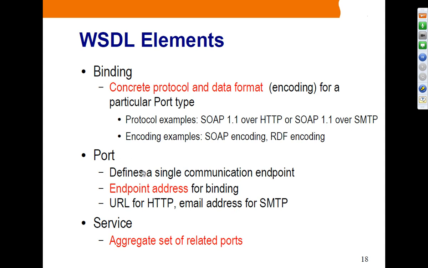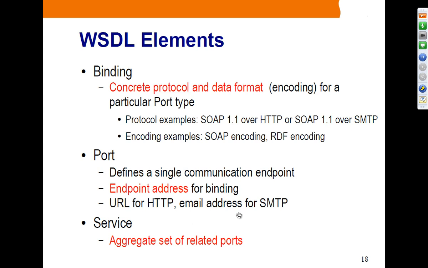Now, port defines a single communication endpoint. It specifies the endpoint address for a binding. If you're using HTTP as the transport protocol, it is supposed to be in the form of a URL. If you're using SMTP as the transport protocol, then port should contain an email address.